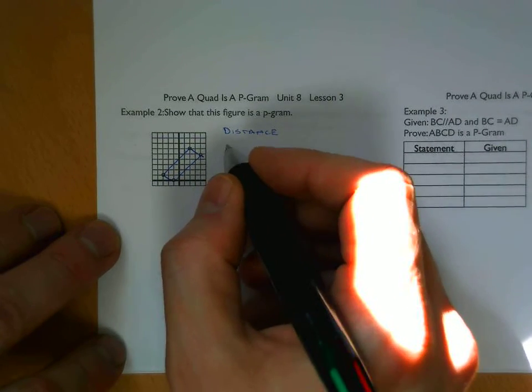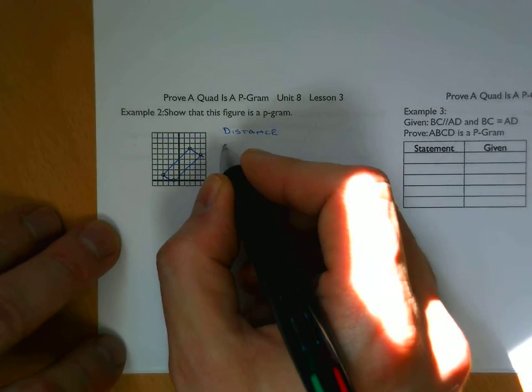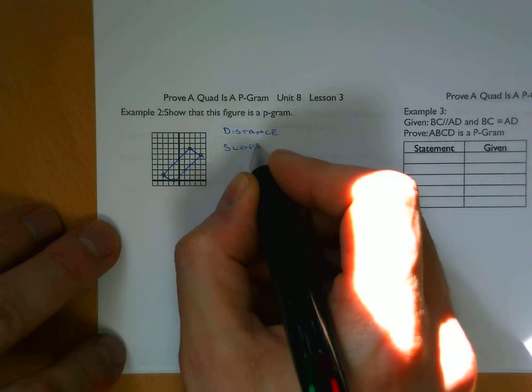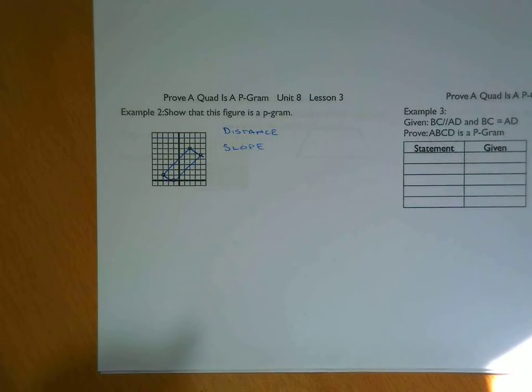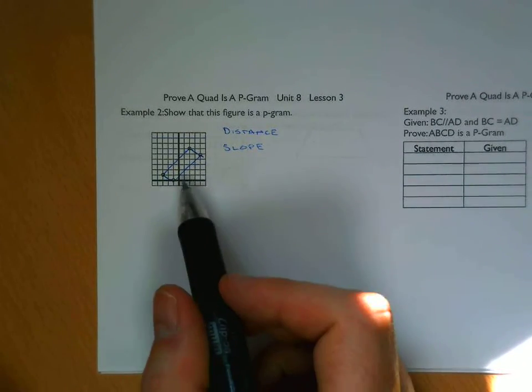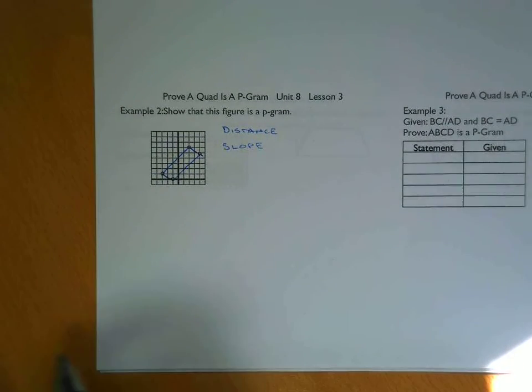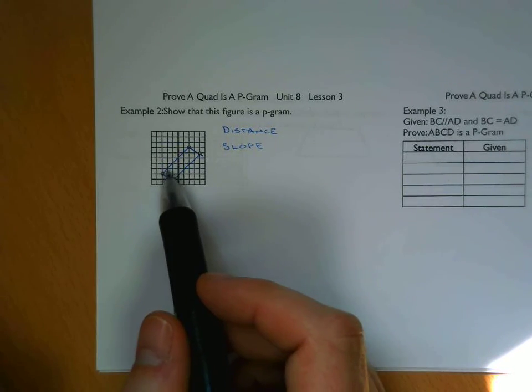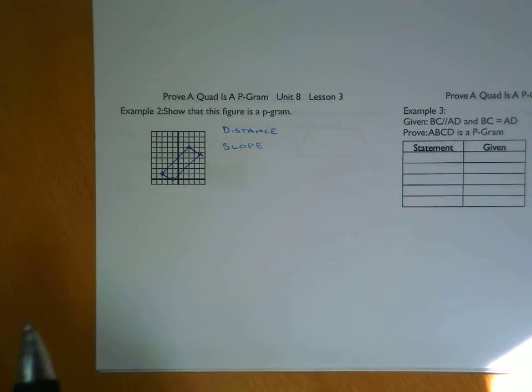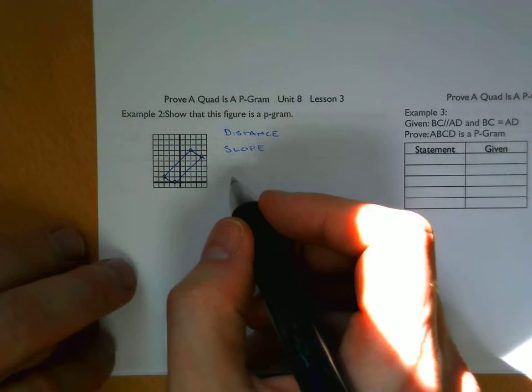The other formula that we worked with is the slope formula. If I wanted to show that the opposite sides were parallel, I could find the slope of each one, show that the slopes were the same, and that would be enough. I probably could do something with the angles, although that might take me a bit of work. I don't know if I would want to do that.